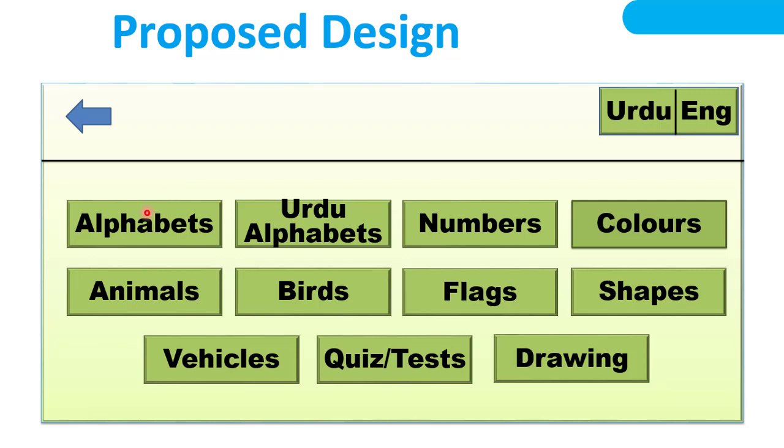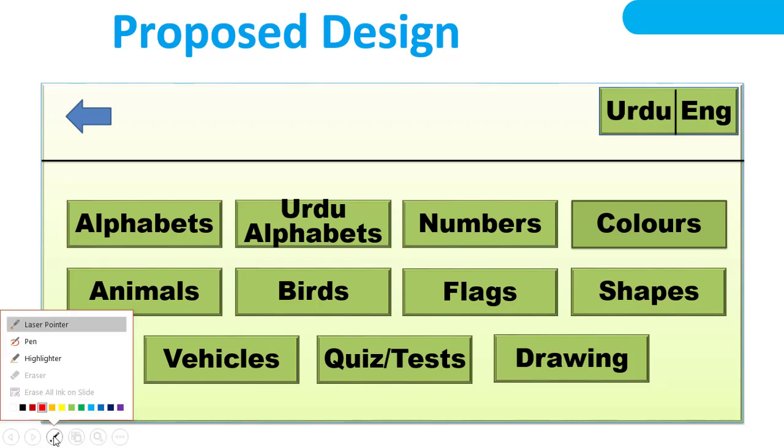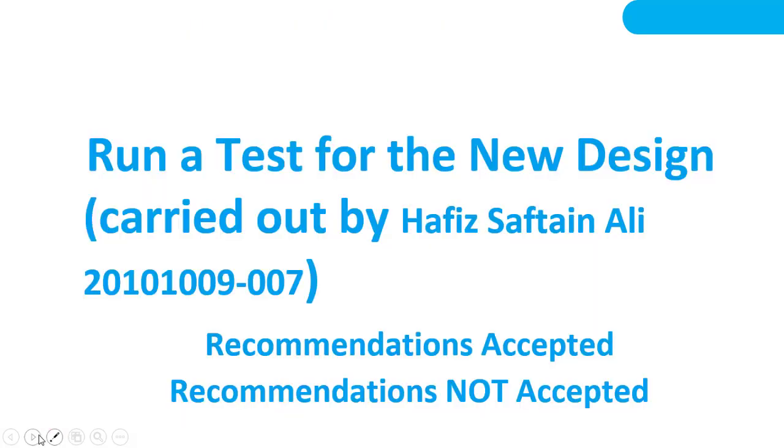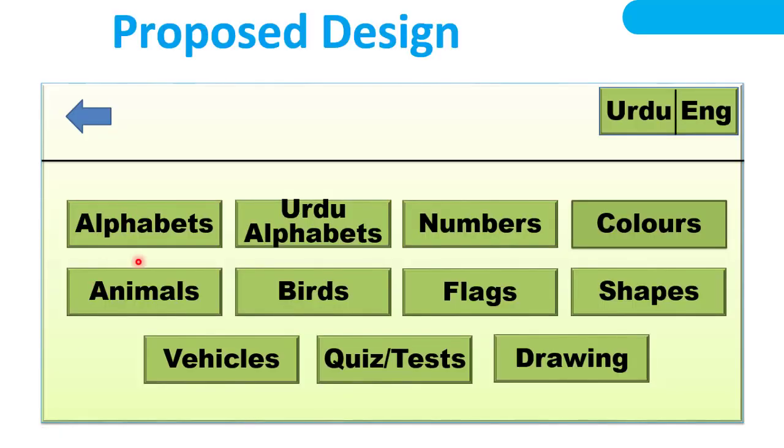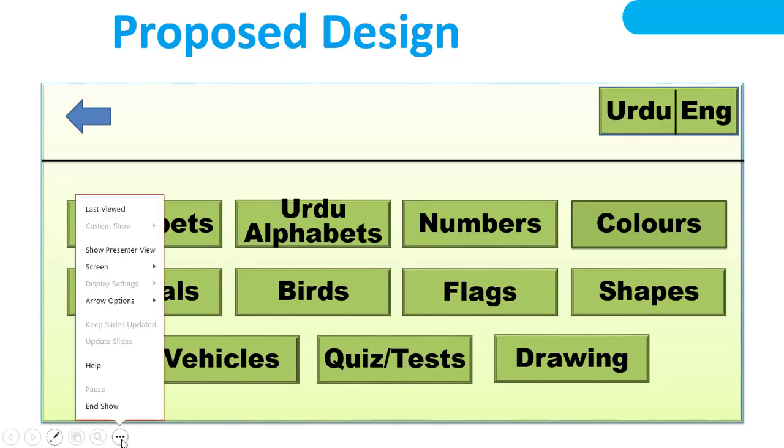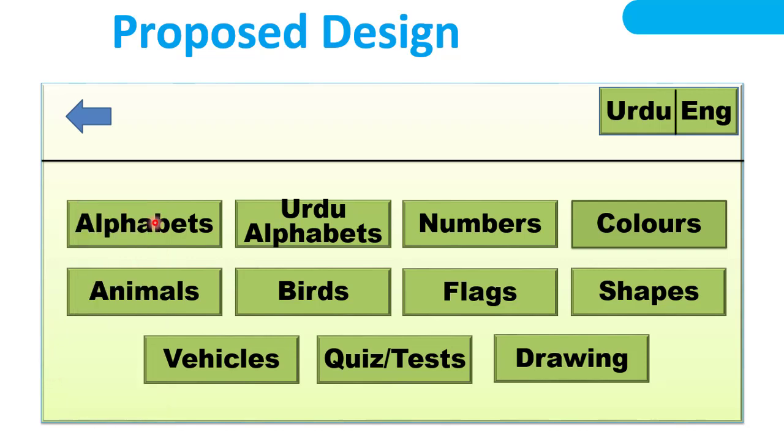So when I click on the alphabets, let's click on it. What will happen? Let's see. Okay, let's click on the alphabets button.